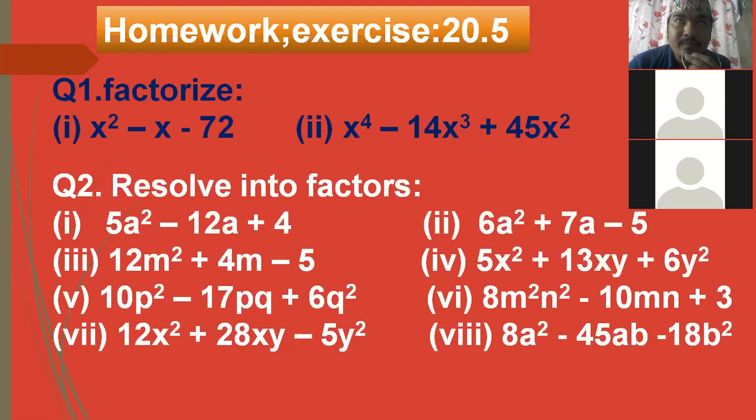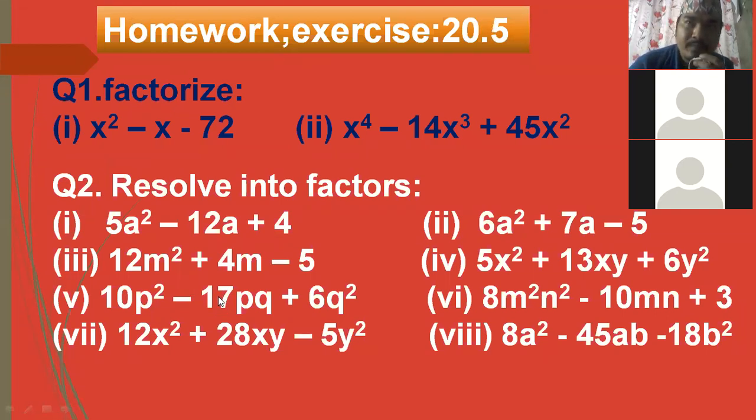Okay, children? Yes, sir. Now in question number 5, 10 into 6 is 60. How will you get the 17? By adding or subtracting? Can you tell? By adding, because 10 and 6 are positive and 60 is coming. That's why by adding you will get 17.